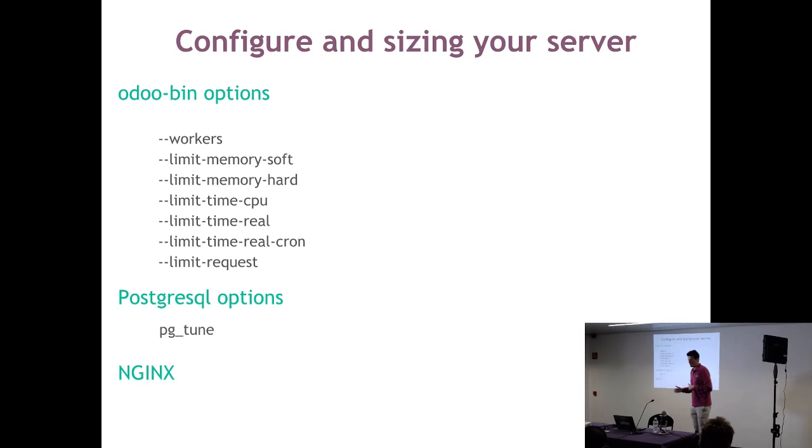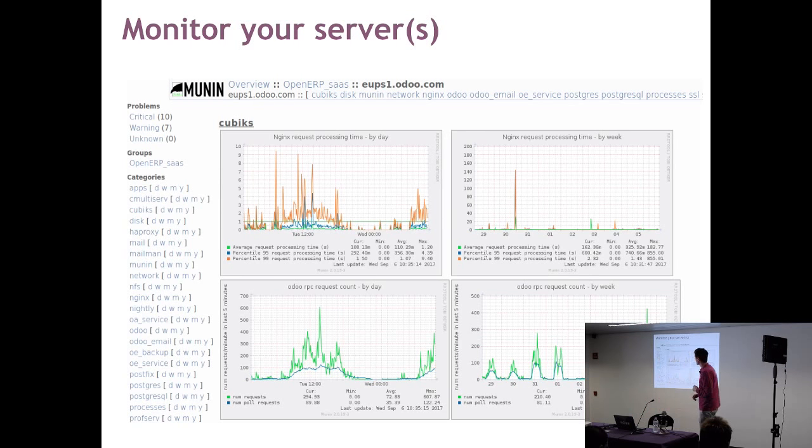The second thing you certainly have to do, I think it's not a nice-to-have, it's really something you have to deploy, is a monitoring system. For example, we use Munin, and there are others you can use, but the goal here is really to monitor what happens on your server.